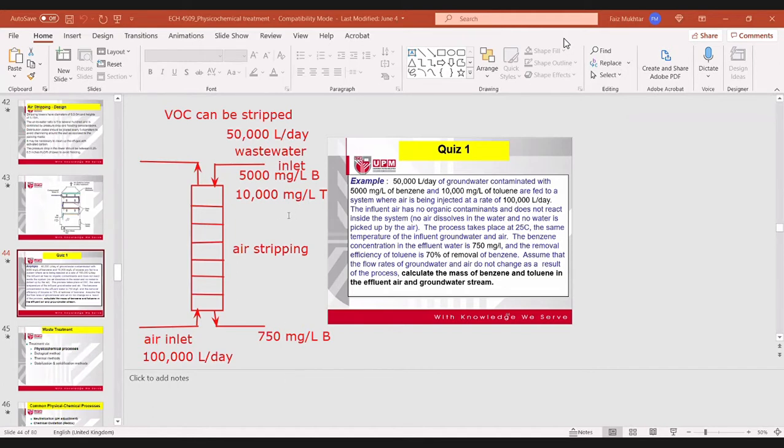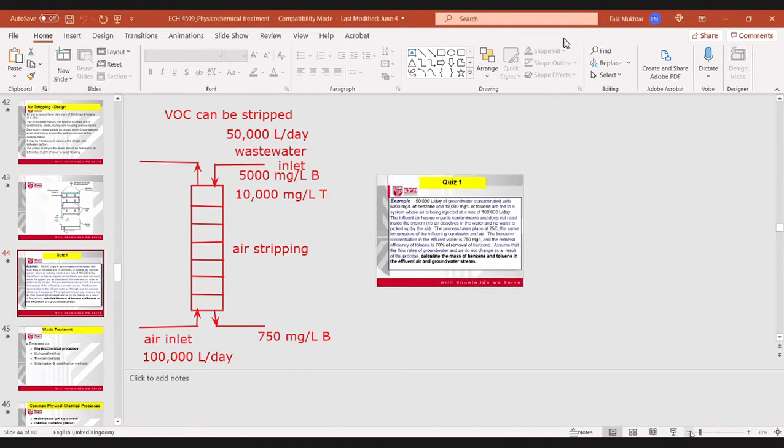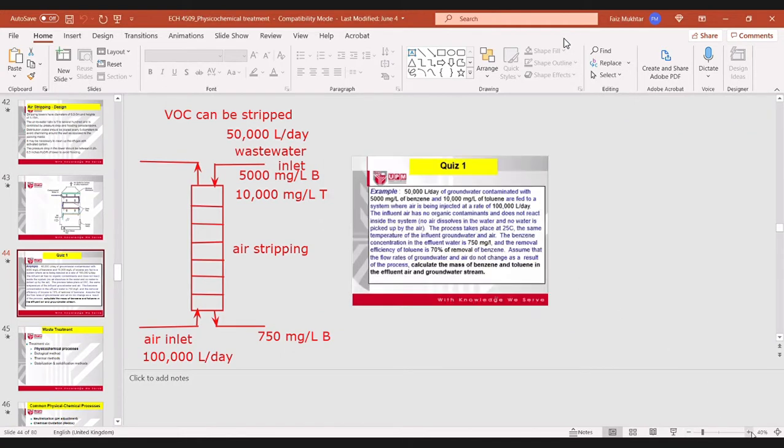Okay. First thing first, what you need to do is to simply convert this 5,000 milligram per liter. Try to find how much is the total mass that goes into the system.